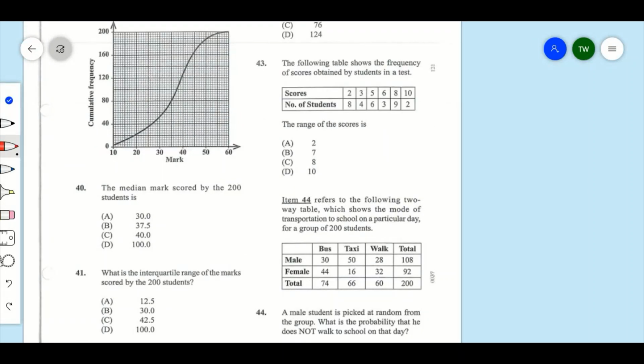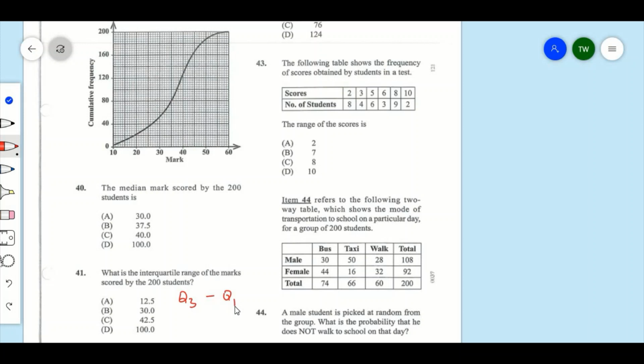Now, item 41. What is the interquartile range of the marks scored by the 200 students? Now, the interquartile range is the third quartile minus the first quartile. So that is going to be Q3 minus Q1, right?